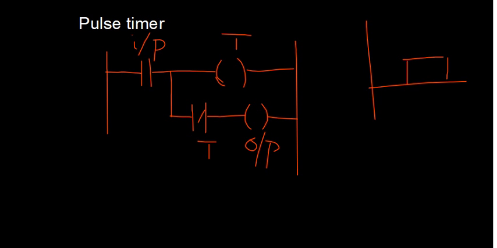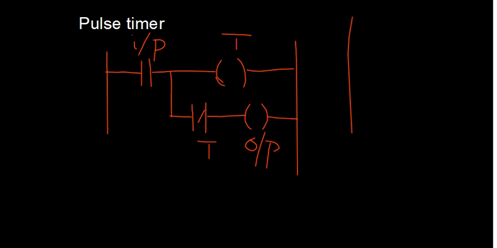So as long as the input is present there, your timer is going to get activated, right? So I will draw the waveform here, or the timing diagram. One second. Okay. So now you can see here, I start my input from somewhere here. The input is continuously present, right?